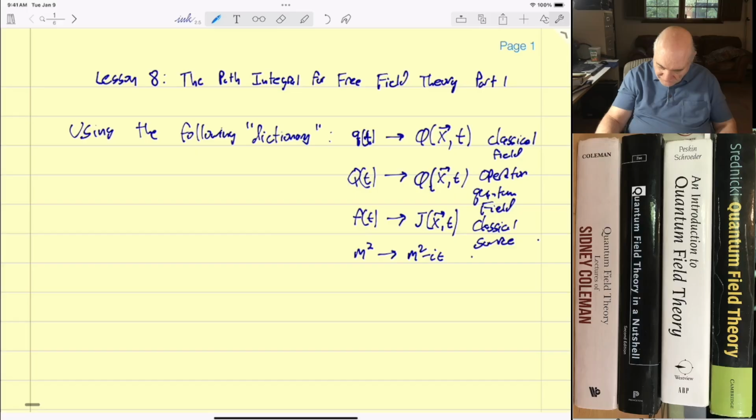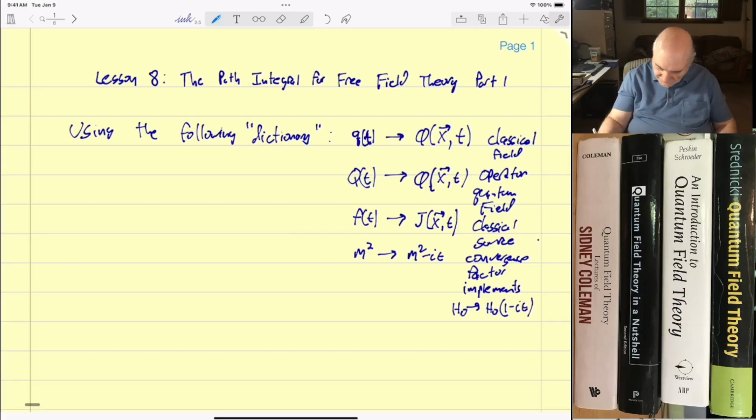This you can think of as a conversion factor. Or it implements, as was shown in the previous chapters, a translation where the Hamiltonian goes to the Hamiltonian times 1 minus i epsilon.